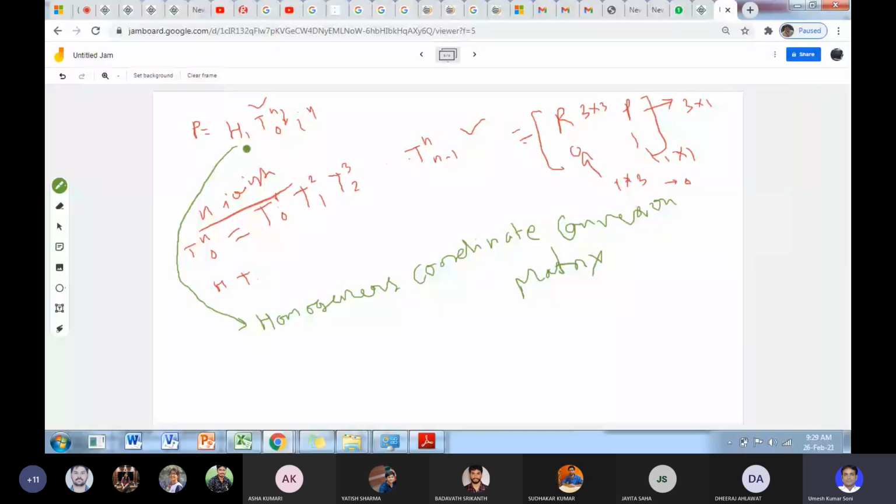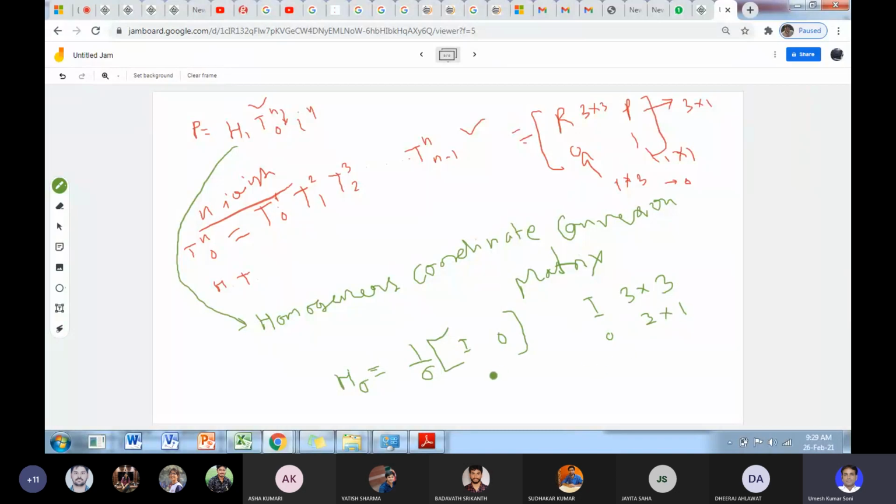Okay, so this term is defined as the homogeneous coordinate conversion matrix. Suppose sigma is a scaling factor, then this will be equal to I0, where I is a 3 by 3 matrix and 0 is 3 rows and 1 column, 3 into 1.